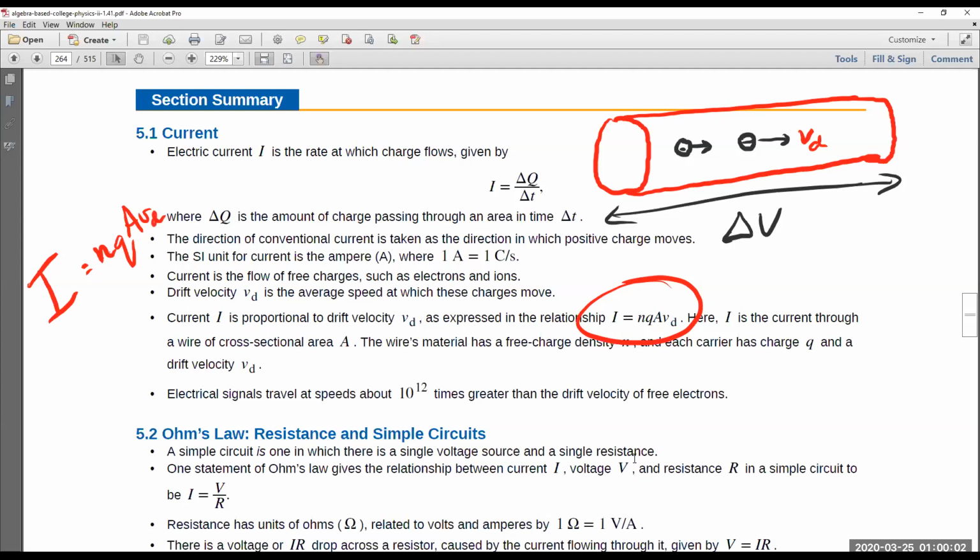N is the density of the charges, that is the number of charge carriers per unit volume. Q is the charge carried by one of the charge carriers. For the electron, that will be 1.6 times 10 to the minus 19 coulombs.